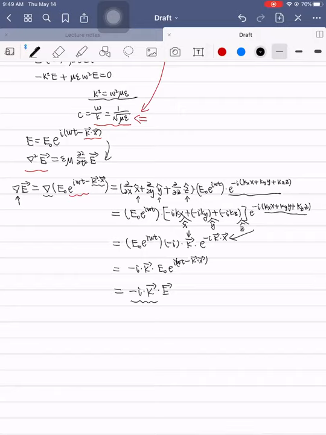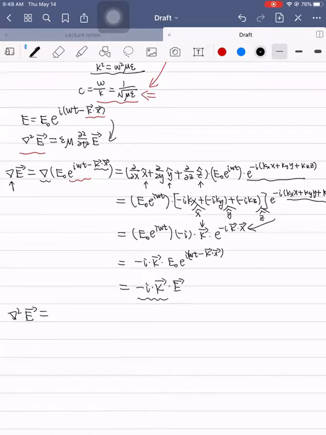This is our conclusion. If you calculate this, it's very straightforward. You can do it by yourself.